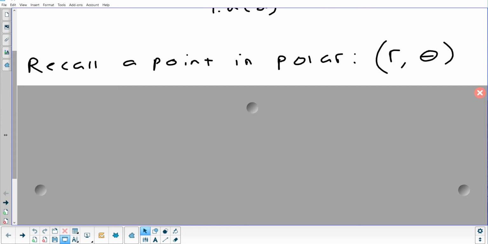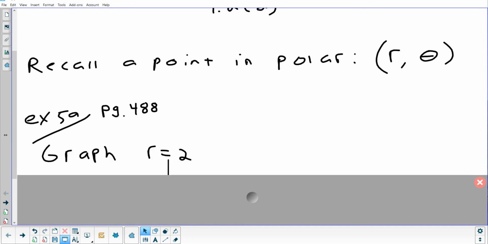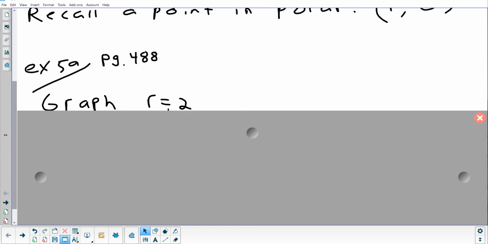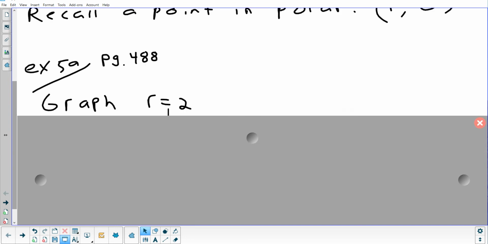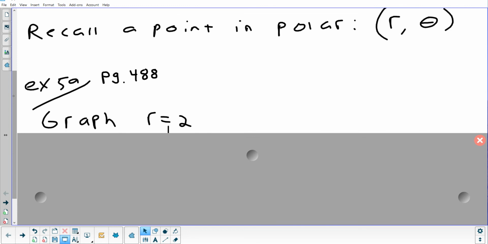Okay. So remember, in polar, your points are written as r comma theta. So let's graph something like this. R equals 2. So what this means is you can pick basically any theta you want as long as r is 2.